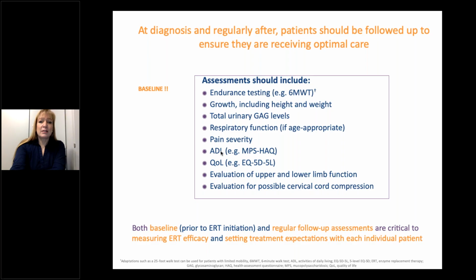The baseline assessment should include endurance, growth, the urinary GAG levels for sure, the respiratory function, quality of life questionnaires, but also evaluation of the upper and lower limb function and the cervical spine. This means whenever you diagnose a patient, you start from that, because then you have a good basis for regular follow-up examinations and you understand what is going on in these progressive diseases.